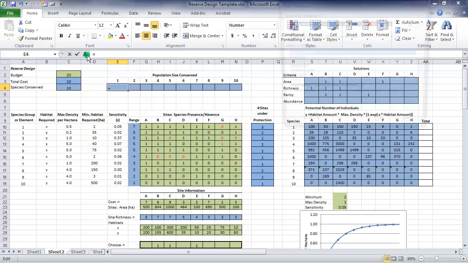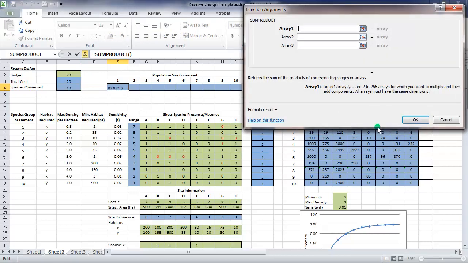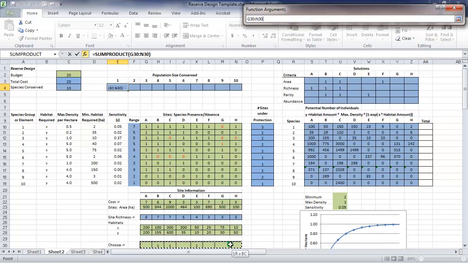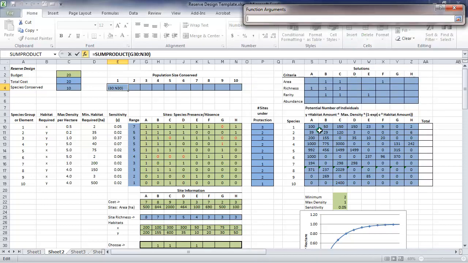Yep, it's going to be the sum product function one more time. This time for species 1, our array is going to be our choice array, and array 2 will be the abundance of species 1 across all of our 8 different sites.